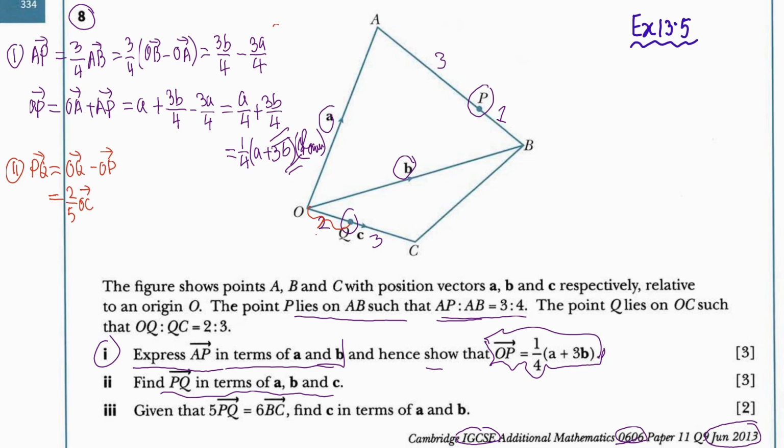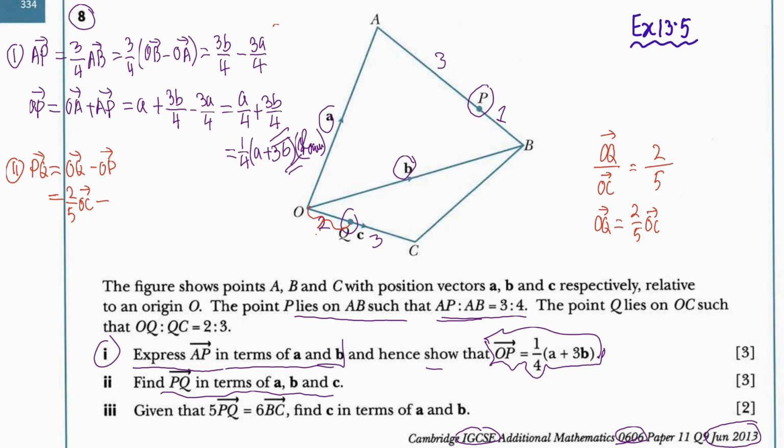If you did not understand this one, let me write how OQ and OC are related. Let me write the OQ part and the OC part to make the relation OQ to OC. The OQ portion is 2, whereas the OC portion is 2 plus 3, which is 5. So OQ equals 2/5 of OC, and OP we got from here.